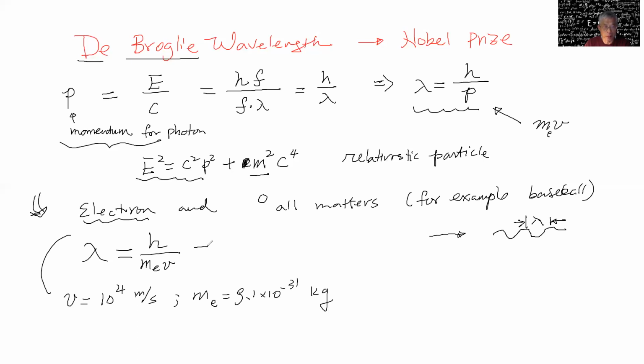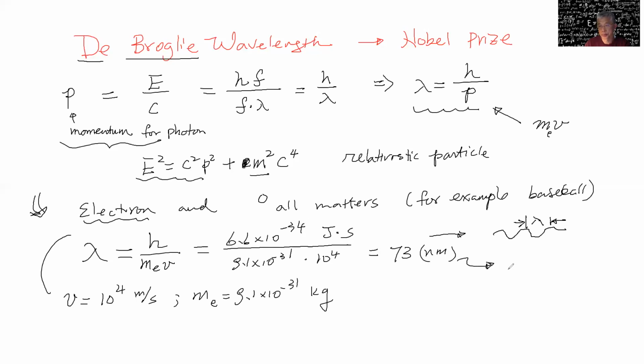If we calculate this, it is 6.6 times 10 to the negative 34 joule second, divided by 9.1 times 10 to the negative 31 kilograms, times 10 to the 4. This comes out to be about 73 nanometers. So this is close to a photon's lambda, in the UV range, ultraviolet.